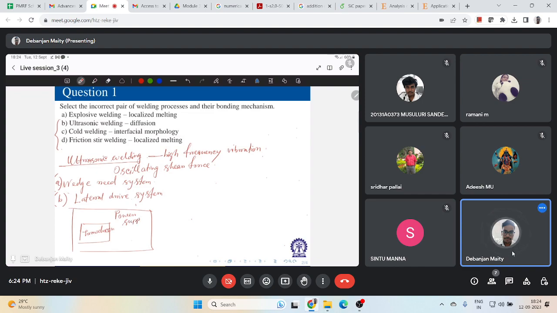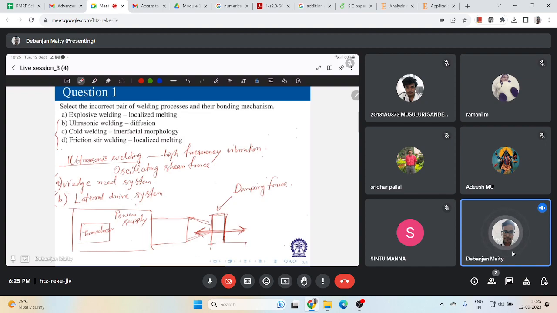And through this power supply, you are powering up your sonotrode. So let's say this is my sonotrode tip. And here you can apply some kind of damping, and the vibration is in the planar direction, like in the wedge reed system also.